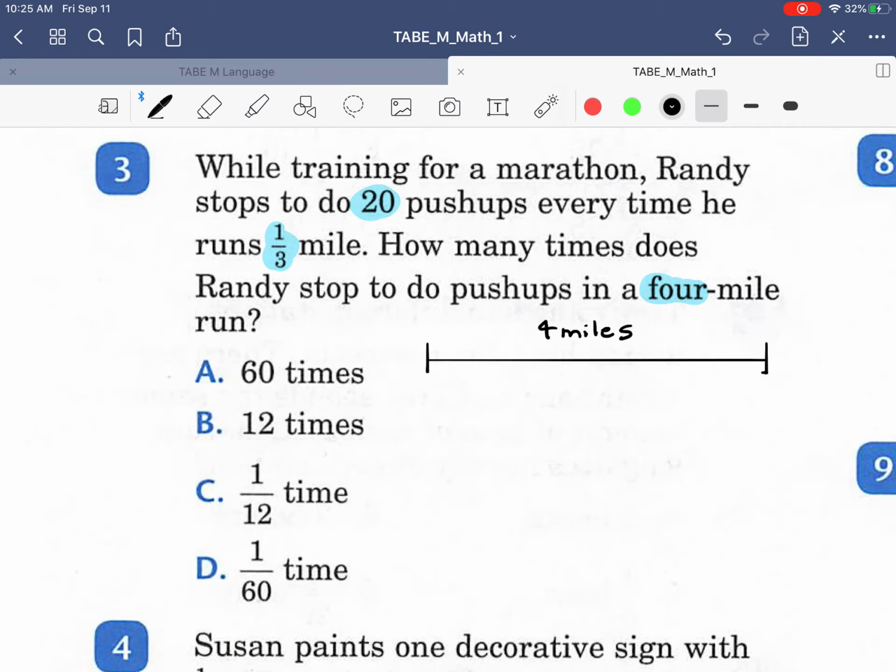Every third of a mile, so every time he reaches a third of a mile, he stops. And he drops to the ground and he does 20 push-ups. He runs another third of a mile, he stops, and he does 20 push-ups.